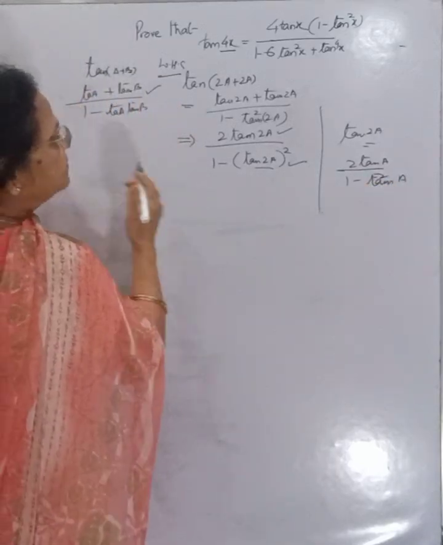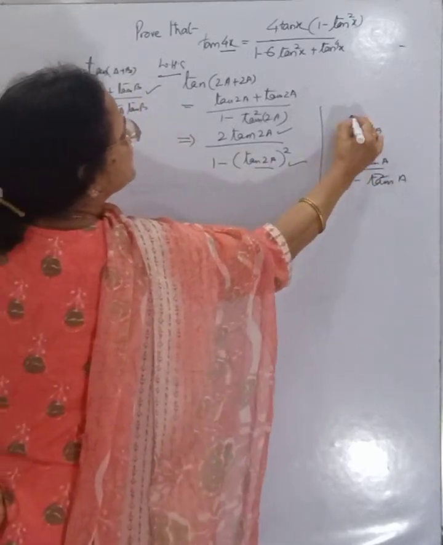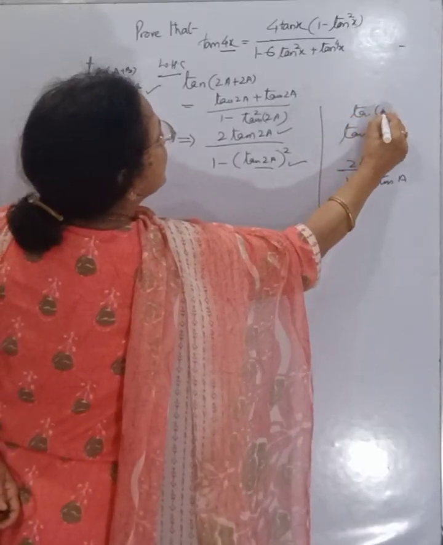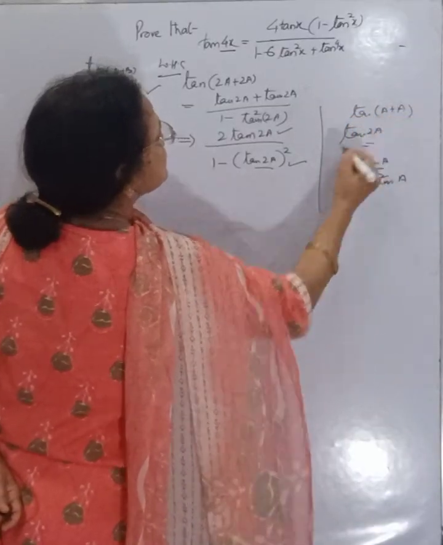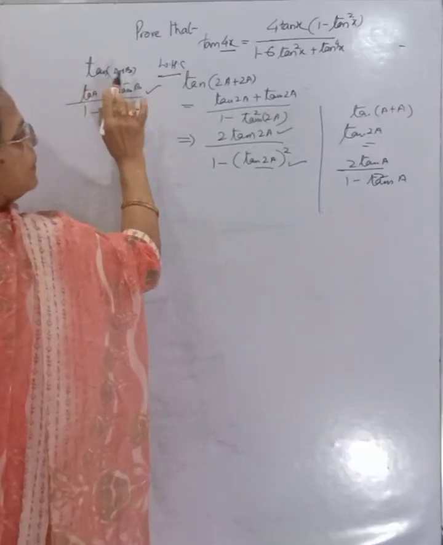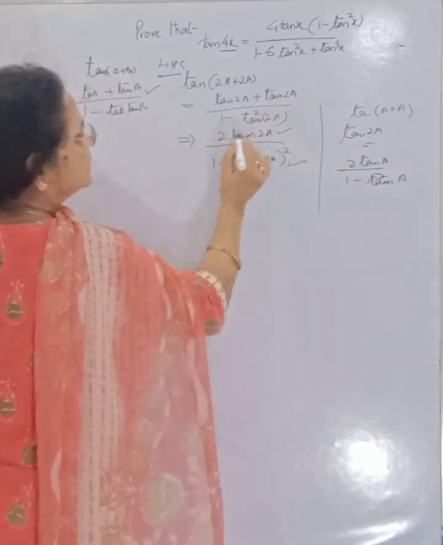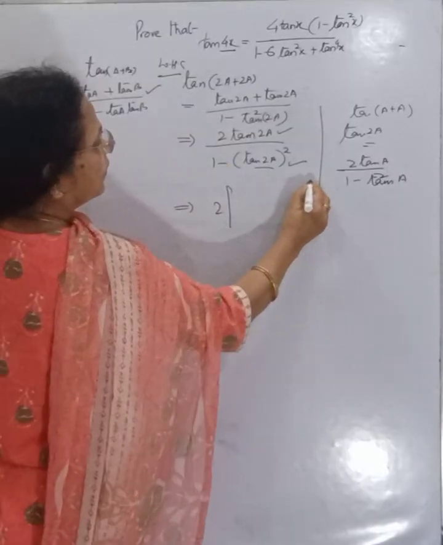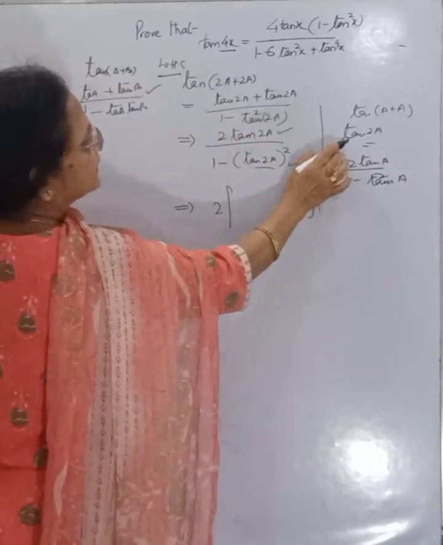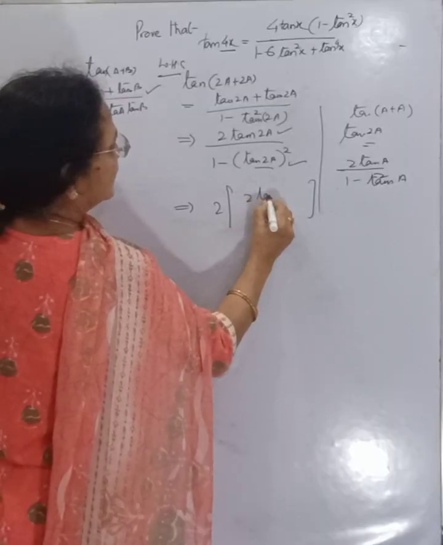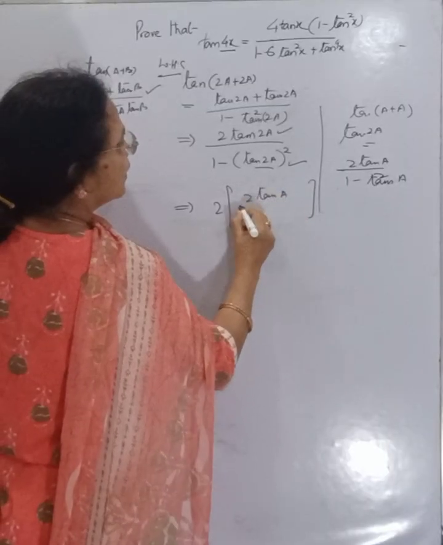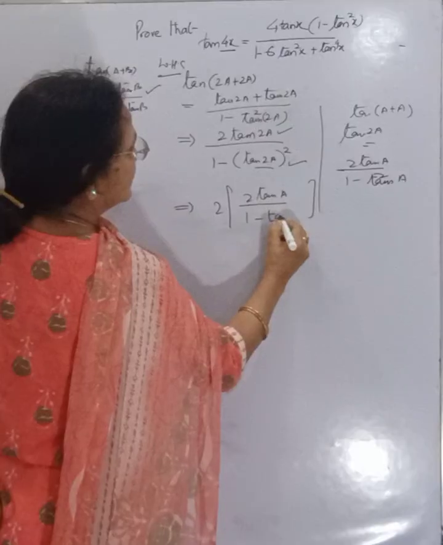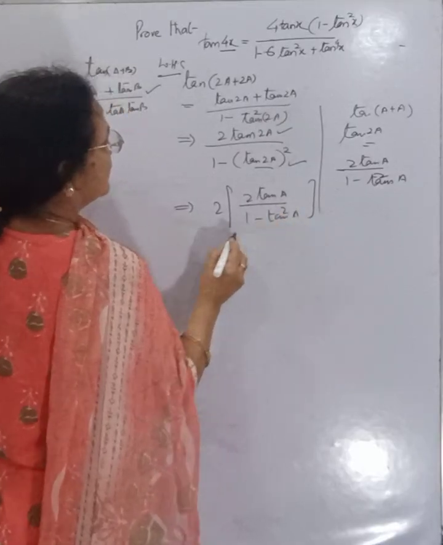This is tan a plus a as per the formula of a plus b. This is to be replaced in the upper one, 2 into tan 2a, that is 2 into 2 tan a upon 1 minus tan square a.